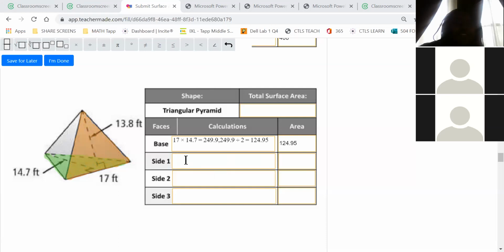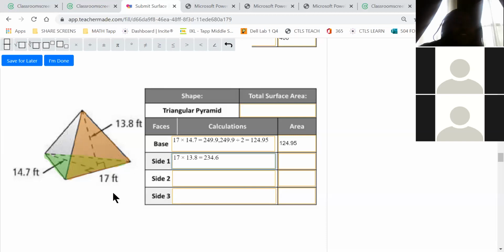Okay, so for this triangle side, I see that the base is 17. And the height, it's showing me here that it's 13.8. And that is equal to 234.6.